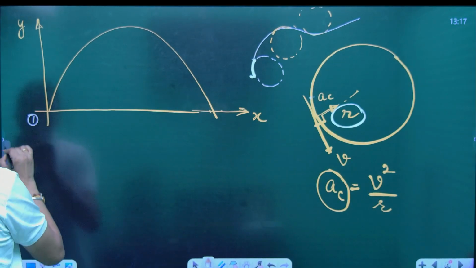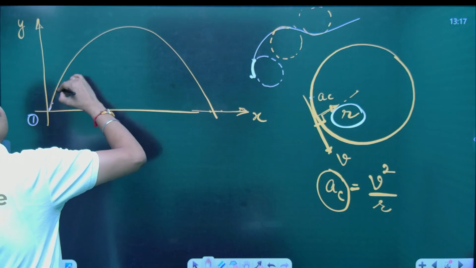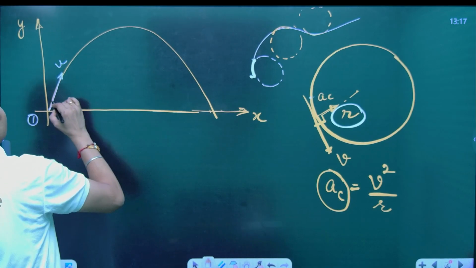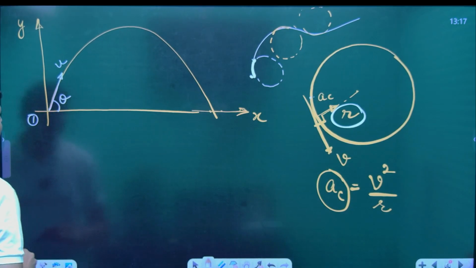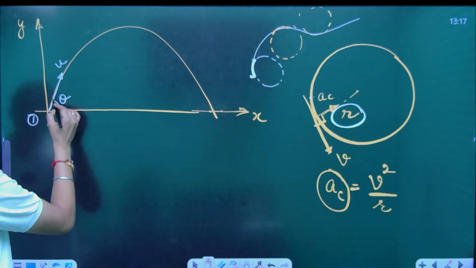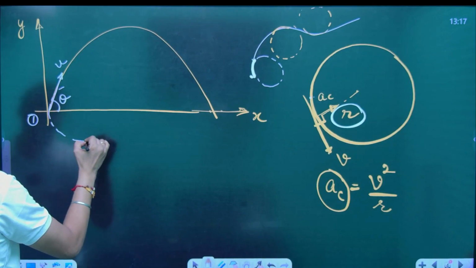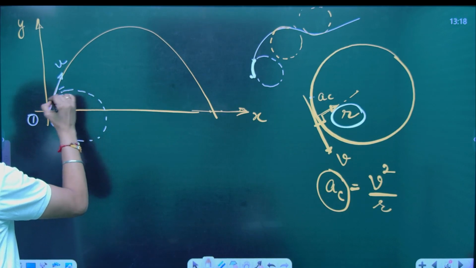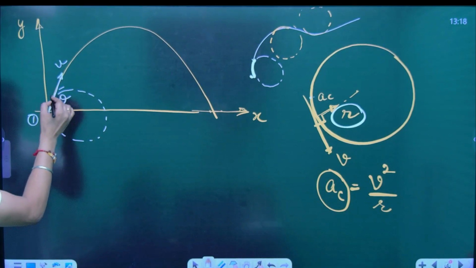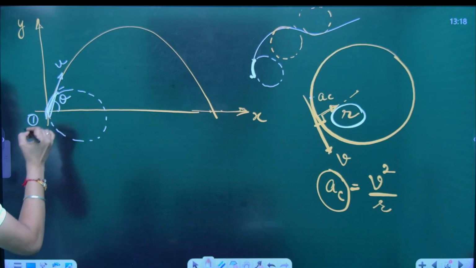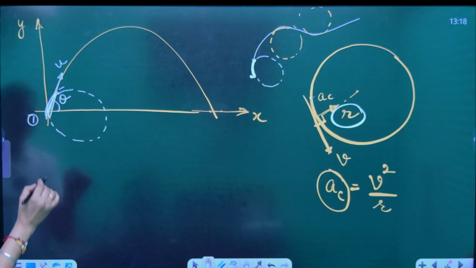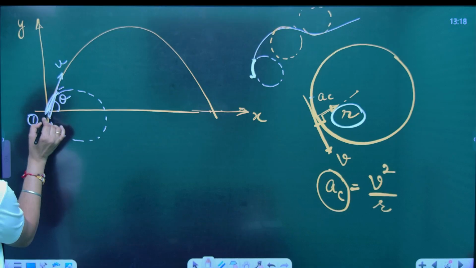If we talk about point 1, this is the velocity of the particle u, making an angle theta with the horizontal. If I assume this part to be a part of a circle, we can find out the radius of curvature.